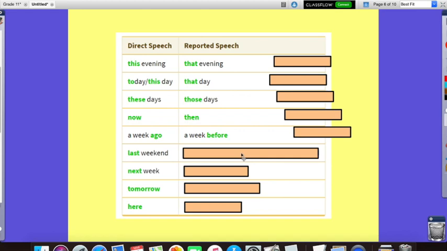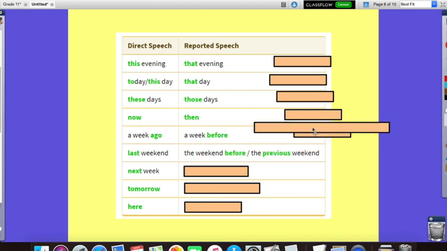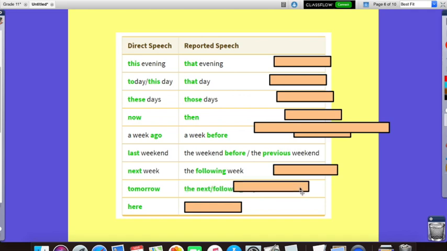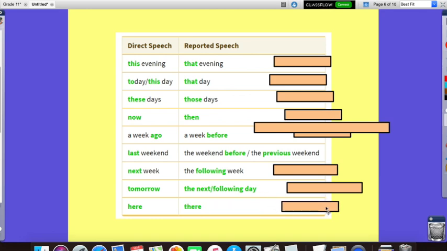Last weekend changes to the weekend before or the previous weekend. Next week changes to the following week. Tomorrow changes to the next day or the following day. And here changes to there.